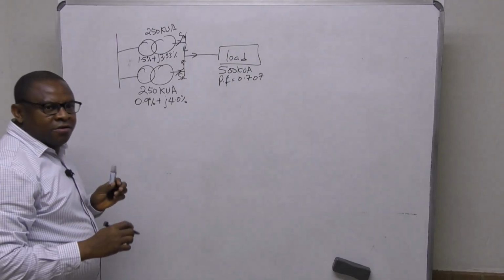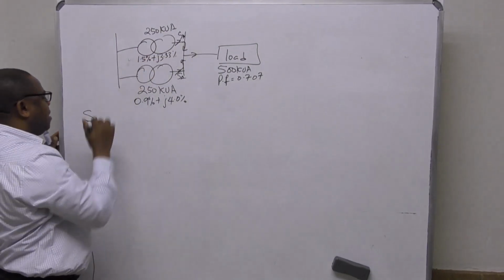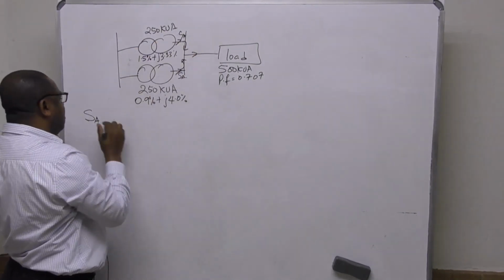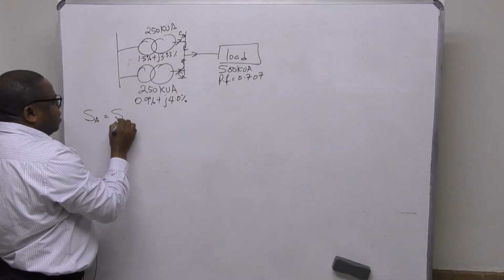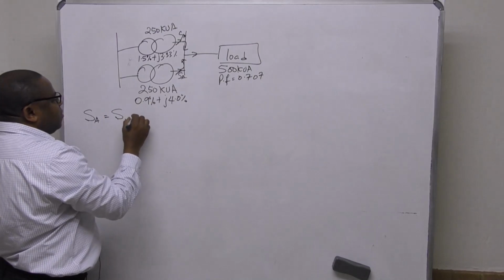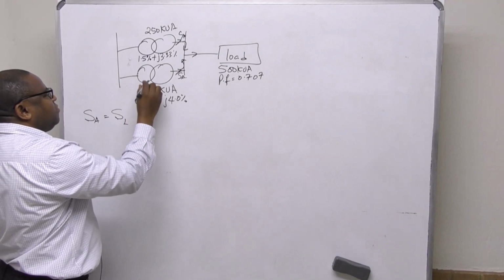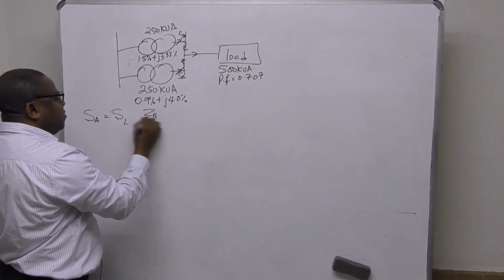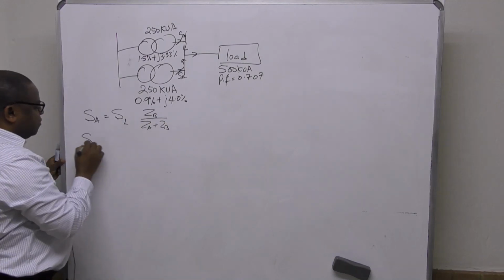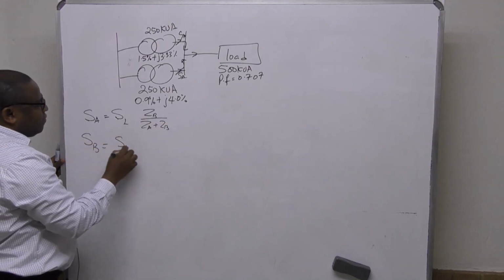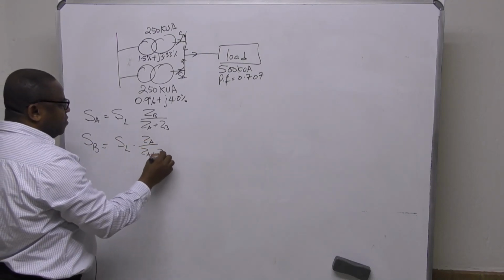All right. So we know that the contribution of the loadings of this towards that, the supply of this to that total load, is S of the load multiplied by the impedance of this one, this is B, ZB over ZA plus ZB. So the same thing, S of B is S of load multiplied by ZA over ZA plus ZB.